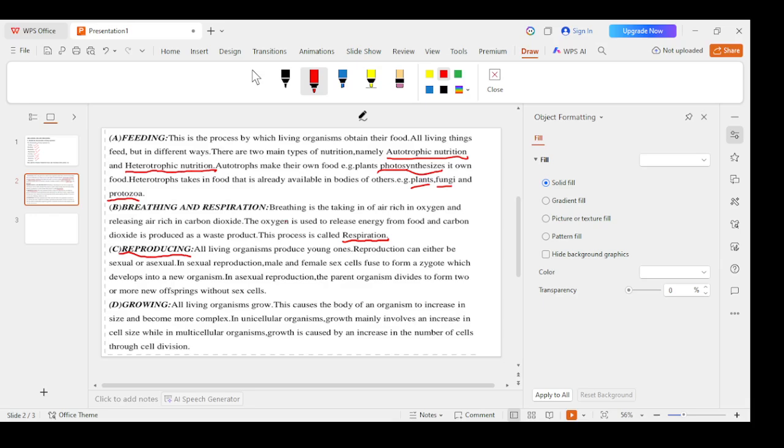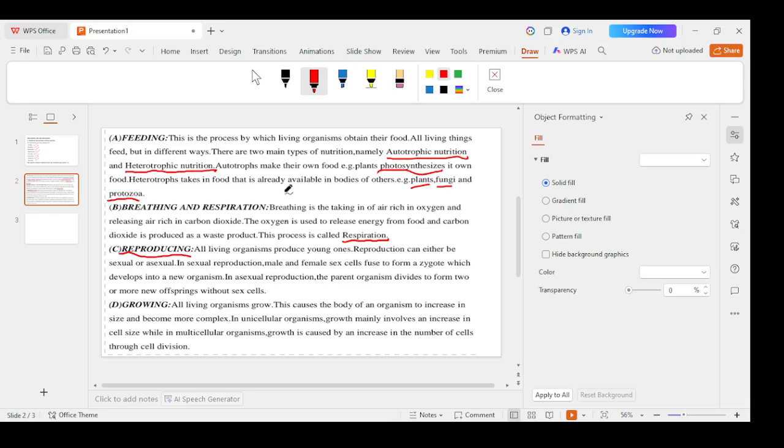This causes the body of an organism to increase in size, and as the body increases in size, the body becomes more complex. In unicellular organisms, growth mainly involves an increase in cell size, while in multicellular organisms, growth is caused by an increase in the number of cells through what we call cell division.